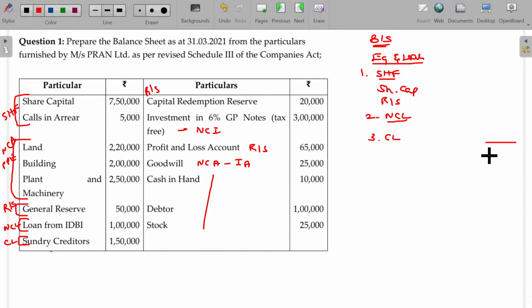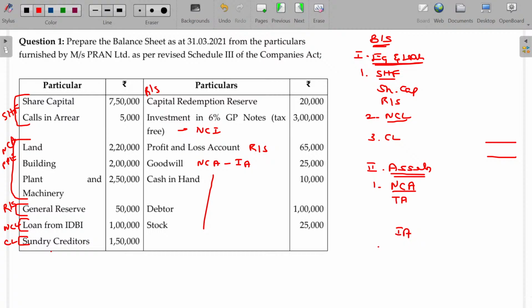And assets. Number one, non-current assets. Under that, tangible assets and intangible assets. We have land, building, plant and machinery. Three tangible assets, one intangible asset.